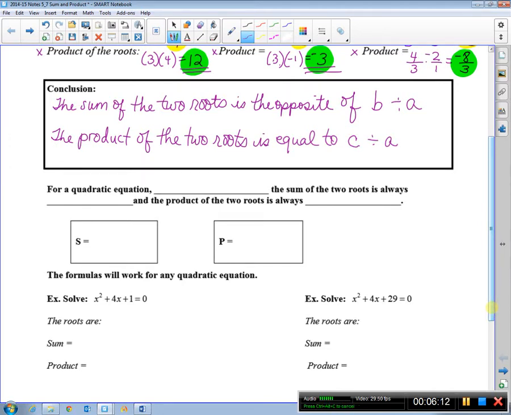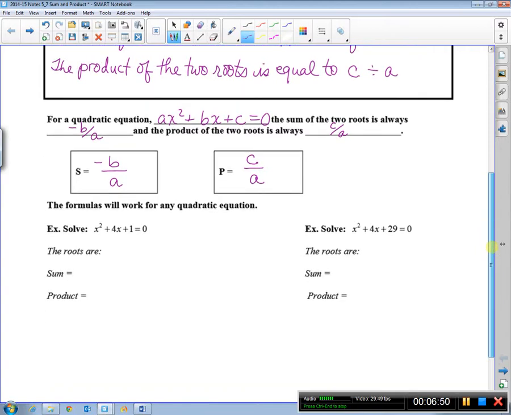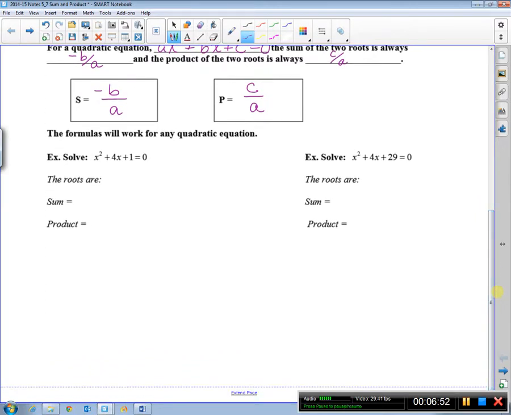So for every quadratic equation, ax squared plus bx plus c, the sum of the two roots will always be -b divided by a, and the product of the two roots will always be c divided by a. Let's write those as formulas. And these are formulas to memorize. S standing for the sum of the roots, P standing for the product of the roots.